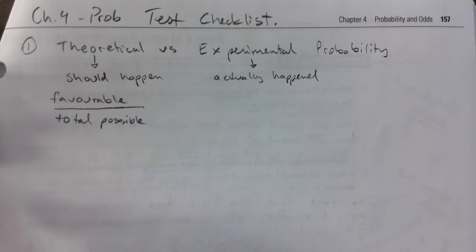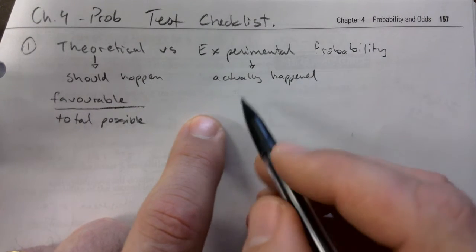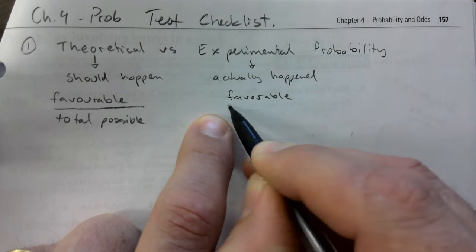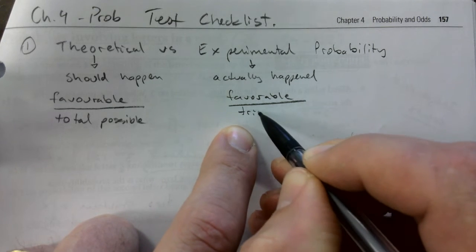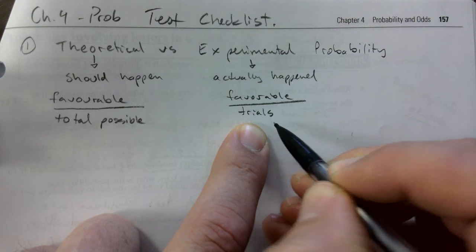So that is theoretical. It's like we look at a deck of cards, half of them are black, half of them are red. So let's say you want a black card. The favorable is 26, total possible 52, okay? And then experimental is still favorable over trials. It's the total trials that you've performed.